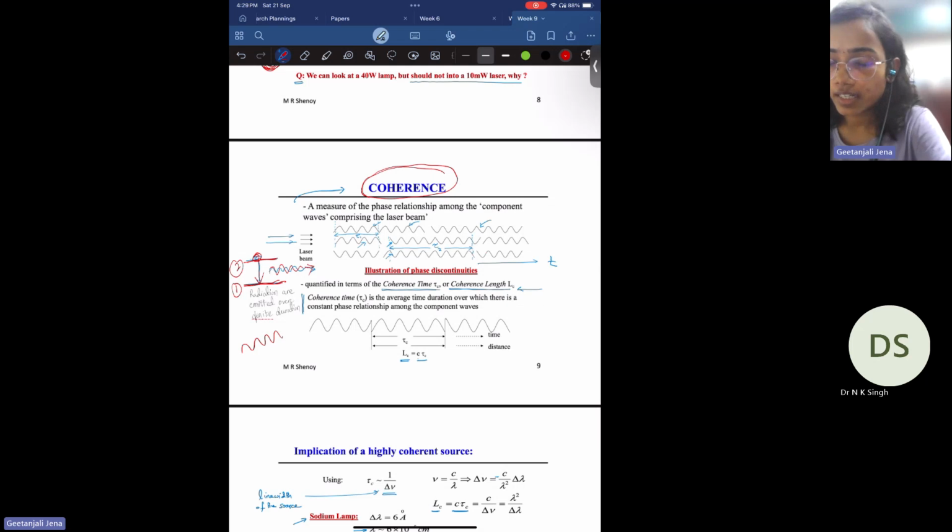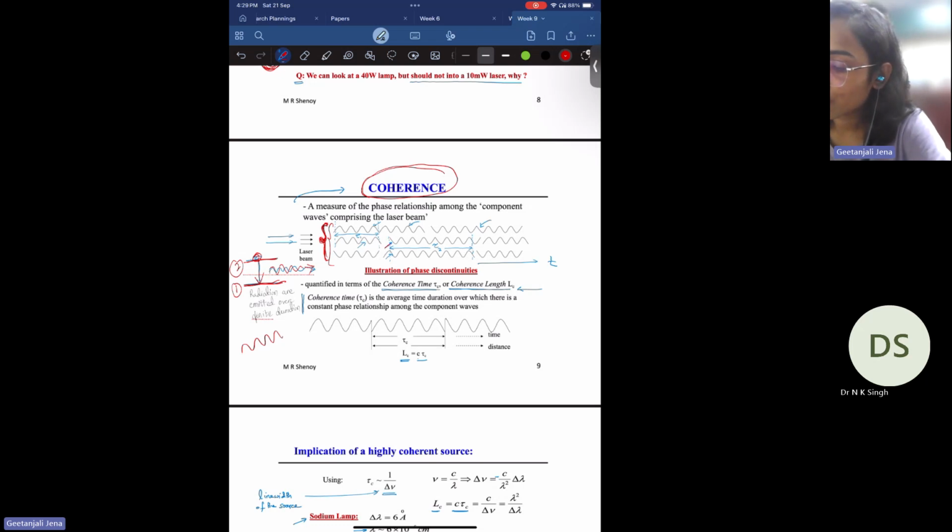We have other parameters also that will affect this phase. These are three phase diagrams of an atom whenever it de-excites from the higher energy level to the lower energy level.